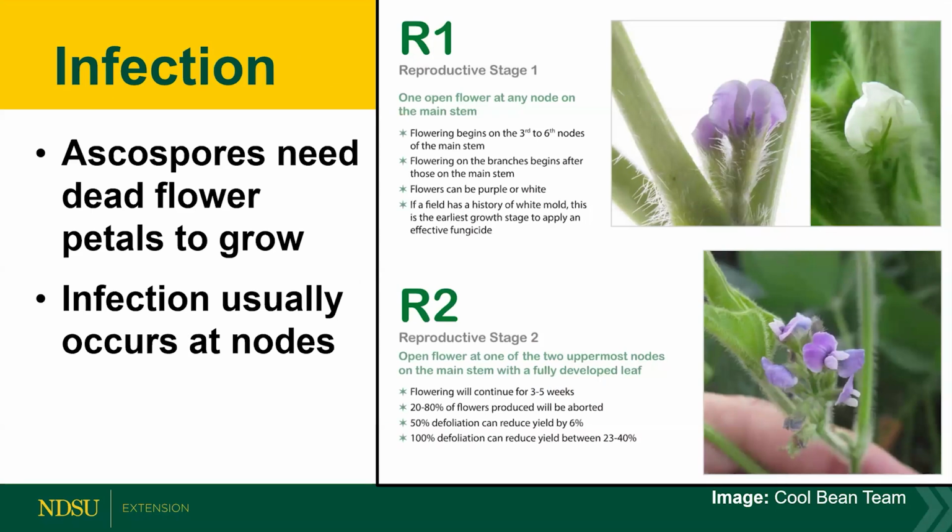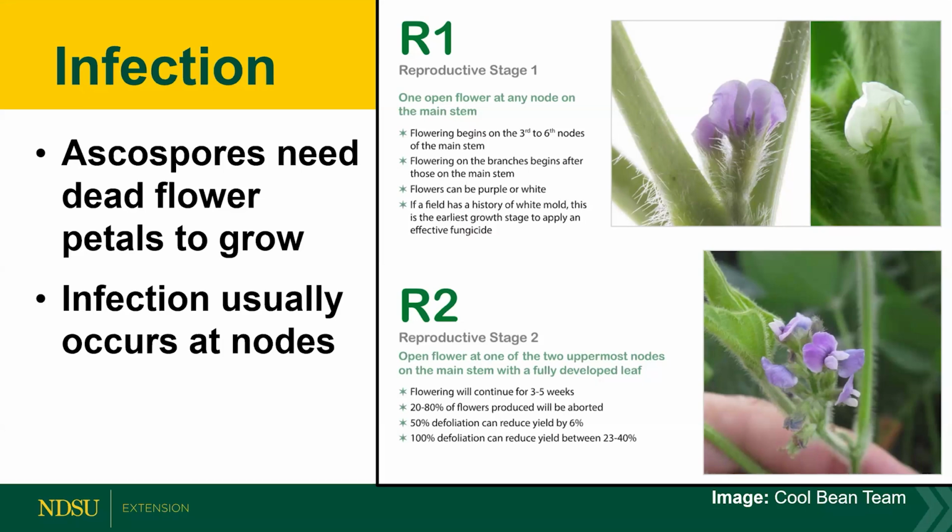Now, once those ascospores are released, they need to get on flower tissue, specifically drying and dying flower tissue. So when thinking about white mold risk and infection, we need these plants to be between the R1 and the R4 growth stage.